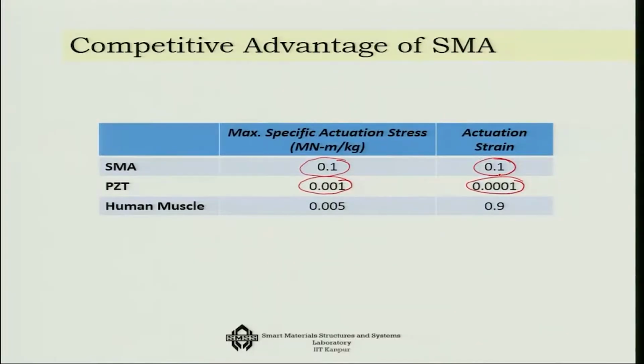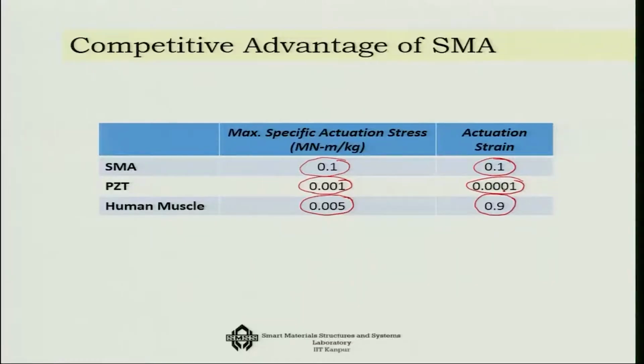Now if you compare it with human muscle, even then the SMA is quite high in stress, because human muscle is 0.005, but in actuation strain the human muscle is much above the SMA.